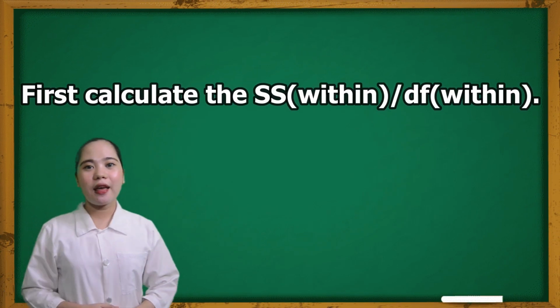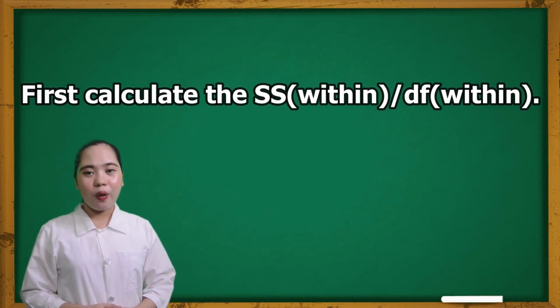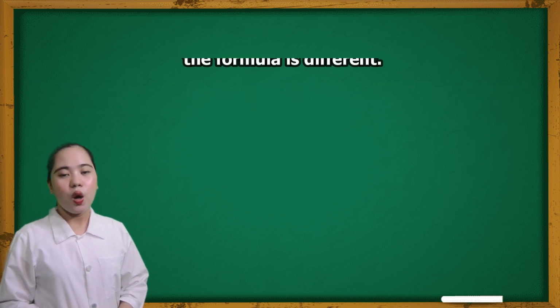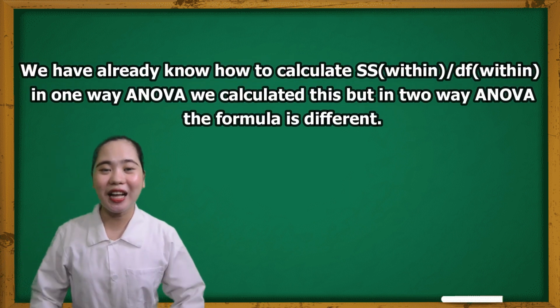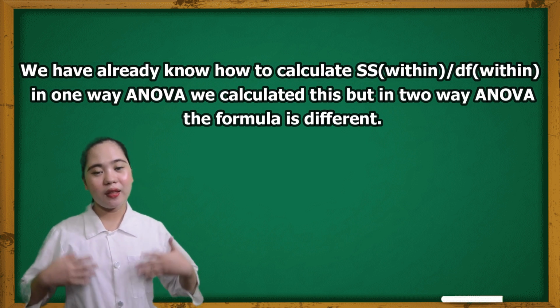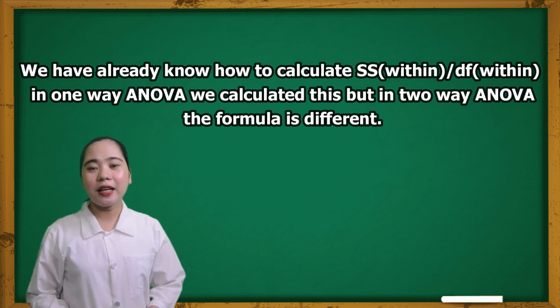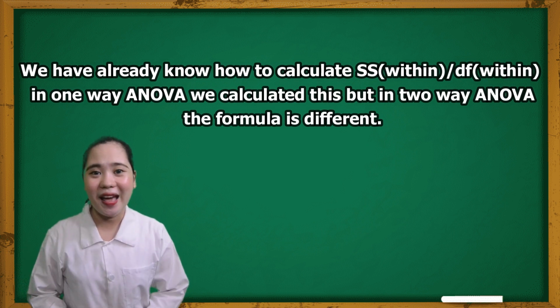First, calculate the SS within over the DF within. We already know how to calculate the SS and the DF in a one-way ANOVA, but in two-way ANOVA, the formula is different.